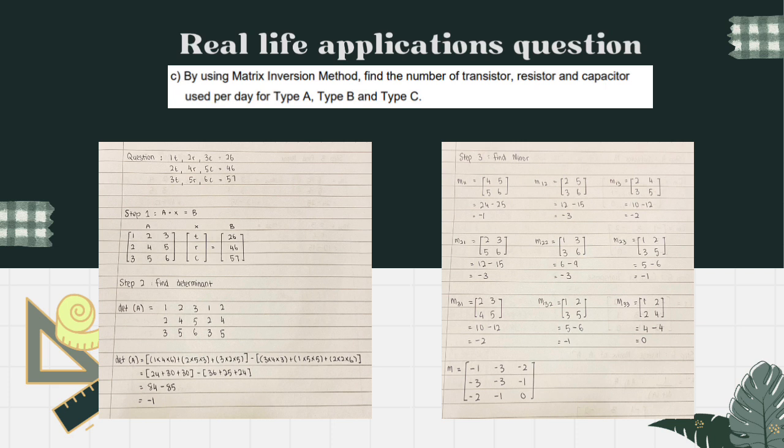In row 2, column 1, we will get -3. In row 2, column 2, we will get -3, and in row 2, column 3, we will get -1. In row 3, column 1, we will get -2, column 2 we will get -1, column 3 we will get 0. And the matrix is written like this, matrix M.